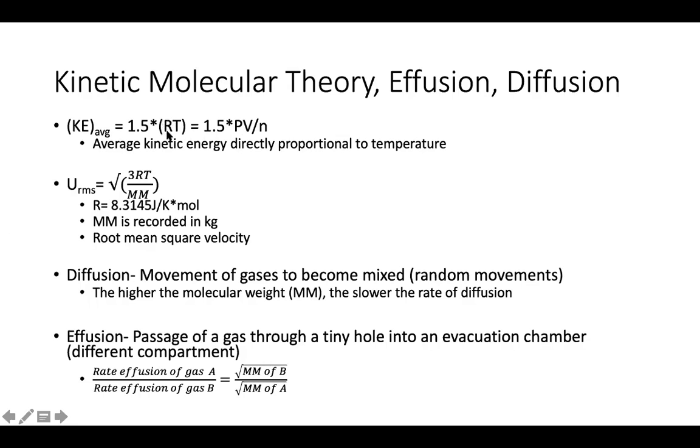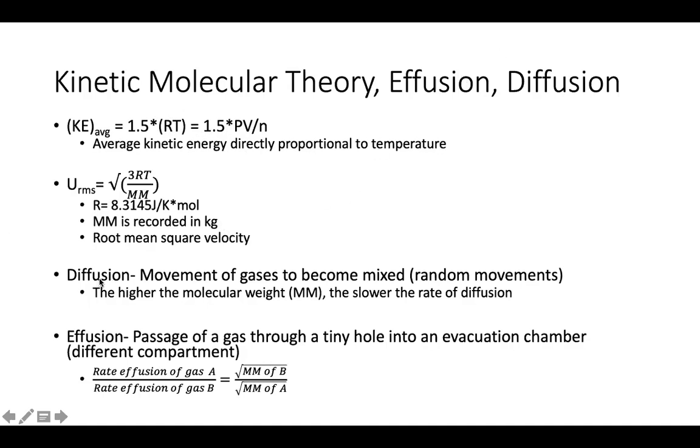The reason why is to look at these two portions: 1.5 times RT equals 1.5 PV over N. Well, PV over N equals RT. That's a derivation of your ideal gas law. So I'm not 100% sure, but I would say that it's your ideal gas law constant.